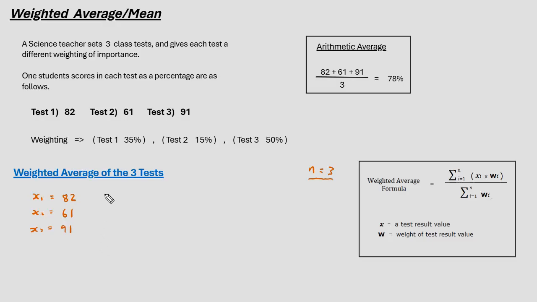And we'll also have corresponding weightings of each test. And our test weightings are here: 35%, 15%, and 50%. And these are our w values, our weightings.